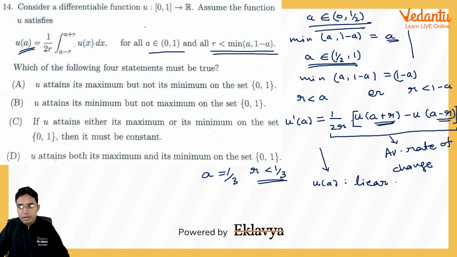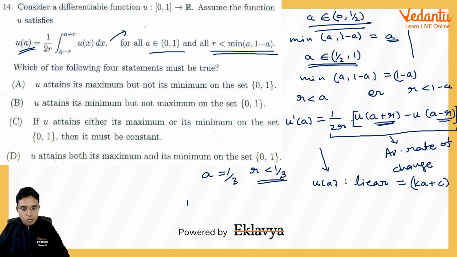Linear means it will be of some ka plus c type. Now, whether k is positive or k is negative, ka plus c will satisfy this given relation for all values of k and all values of c. It can be checked here.